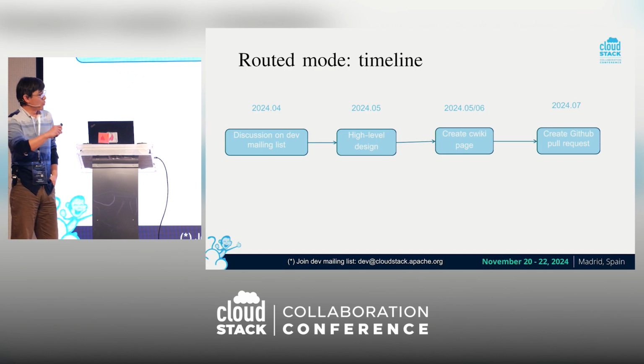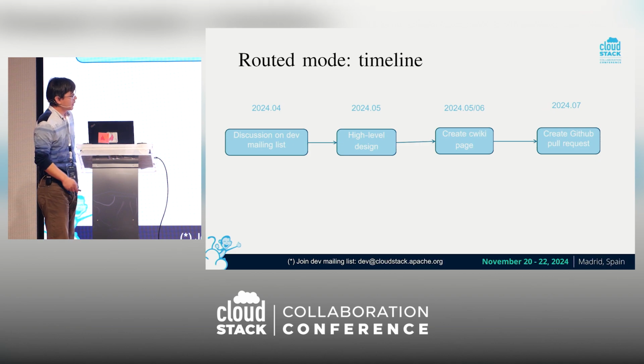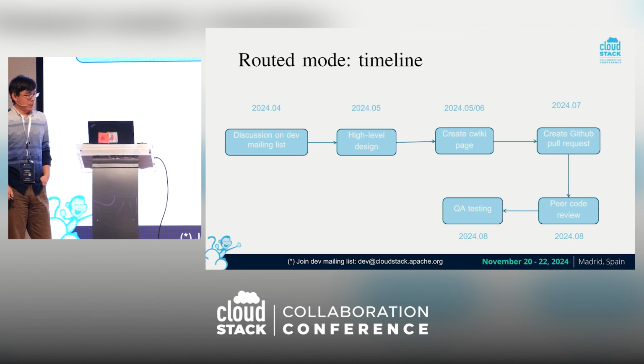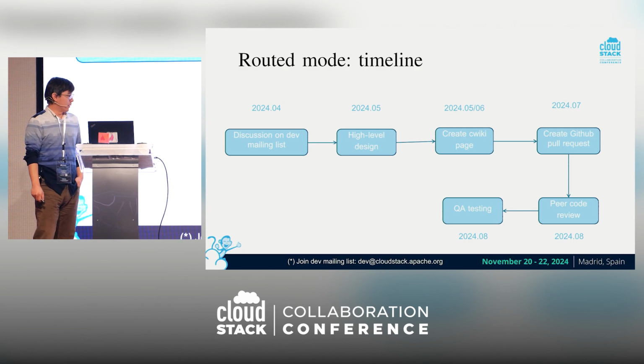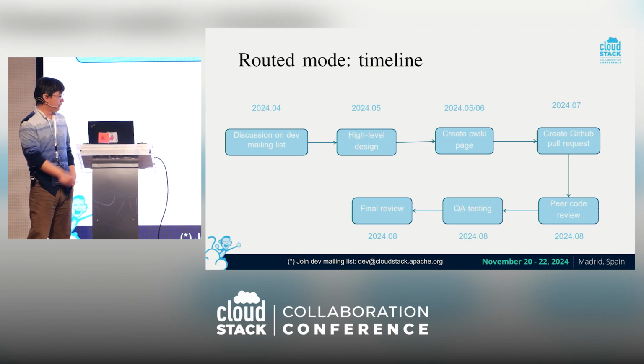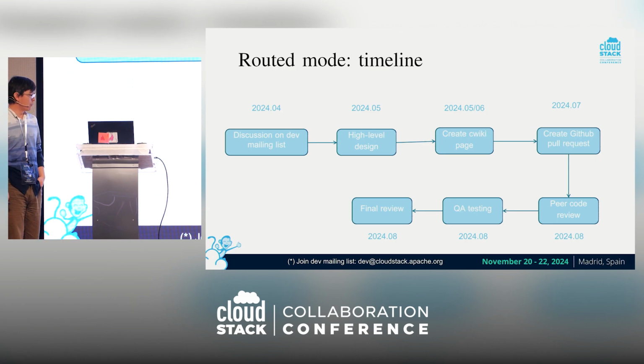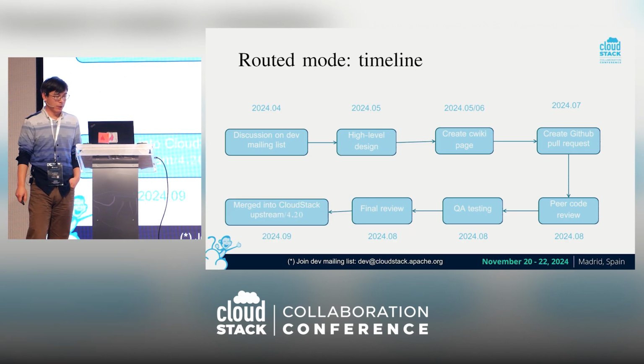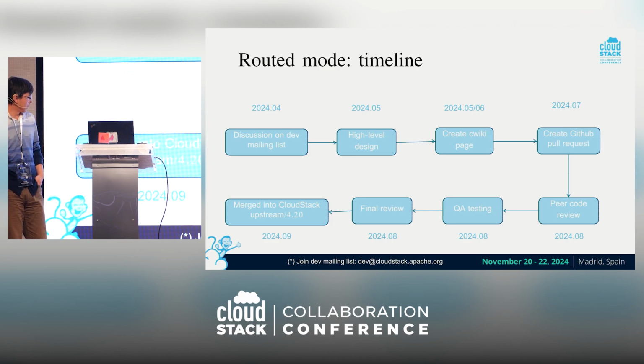And when most of the work was done, we created a pull request on GitHub and asked the community to review. And then it was tested by our QA. Alex did the final review in August. So the feature was merged into CloudStack 4.20 in September. So it will be released in 4.20 probably next month.